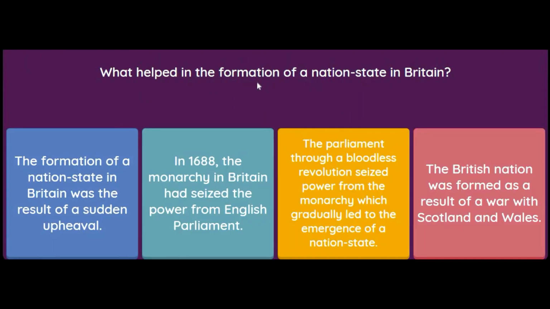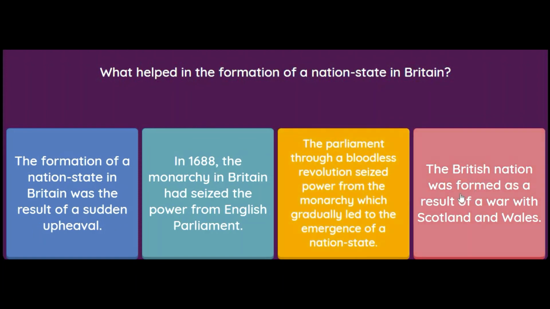What helped in the formation of a nation state in Britain? The formation of a nation state in Britain was the result of a sudden upheaval. In 1688, the monarchy in Britain had seized the power from the English Parliament. Or the Parliament, through a bloodless revolution, seized power from the monarchy, which gradually led to the emergence of a nation state.